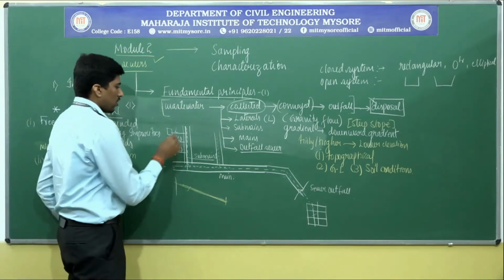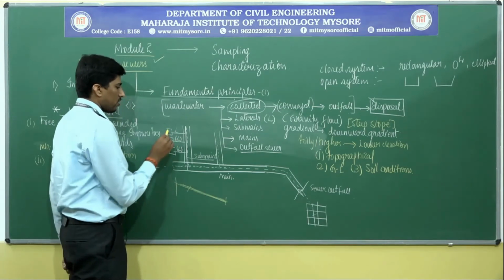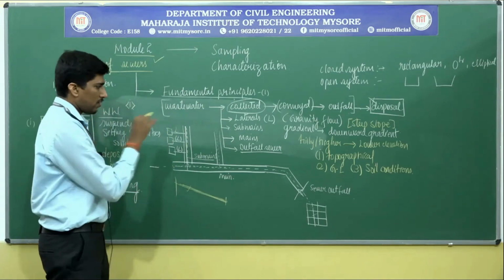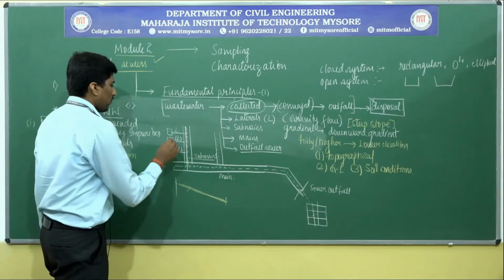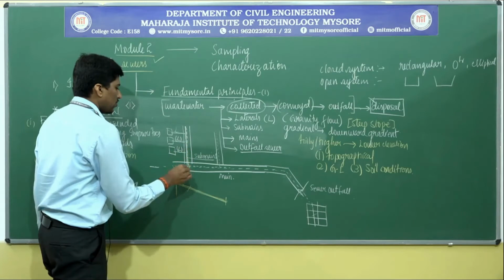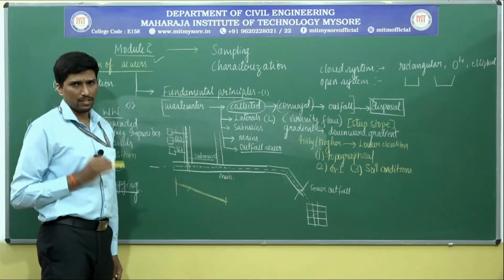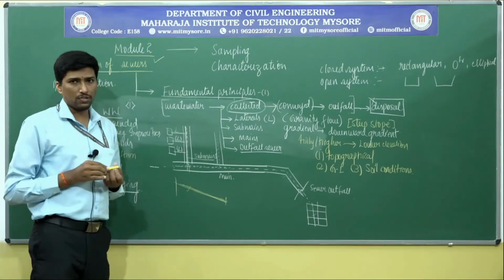Clogging, why, what is it? Whenever during a function or festival time, if you have a huge amount of water to be utilized, maybe in an area, what happens? If the solid generation or the deposition is more, it tends to clog the sewer pipelines. Or the settlement takes place.